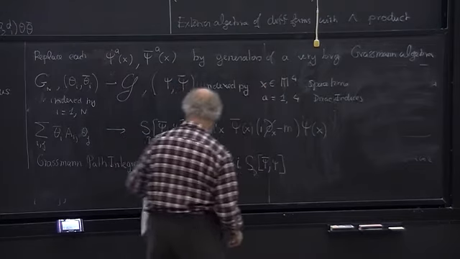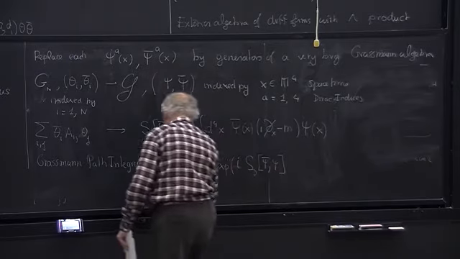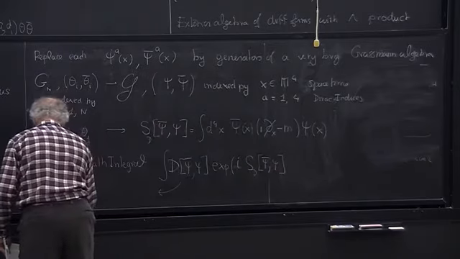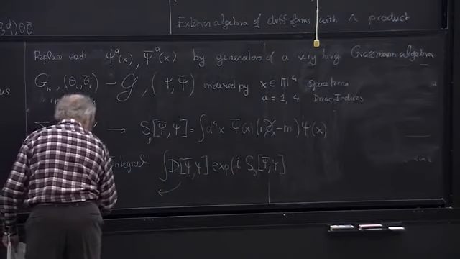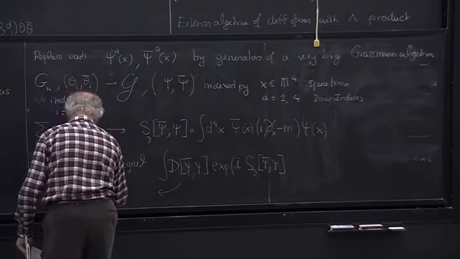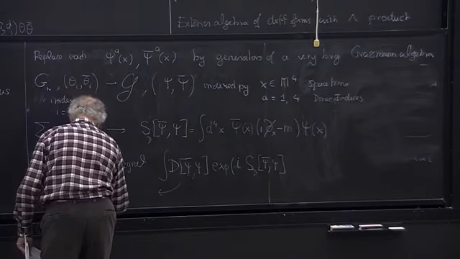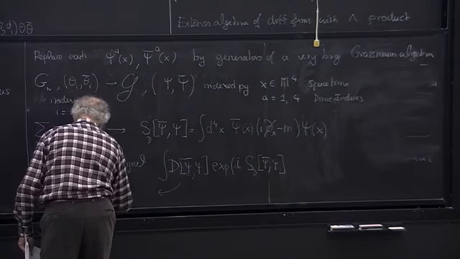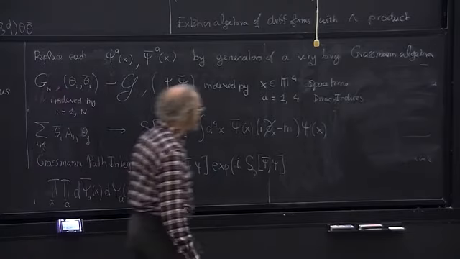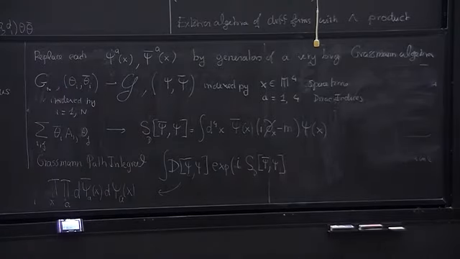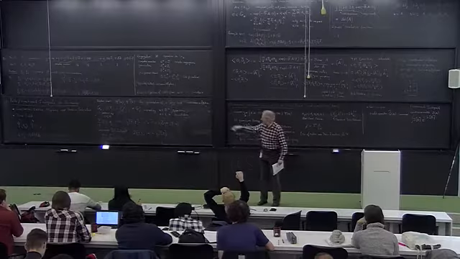Okay? Where, as usual, this measure is just the product over x, product over a of d psi bar a of x, d psi a of x. So the measure, the product of d theta bar i d theta i, is replaced by this.